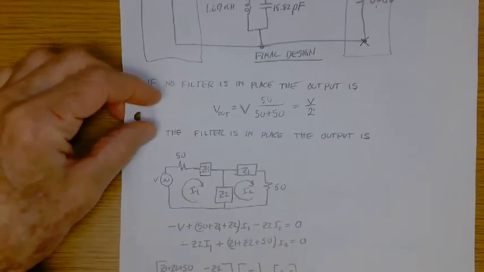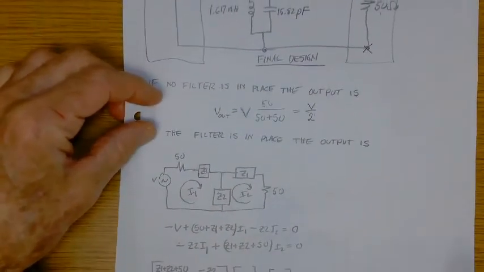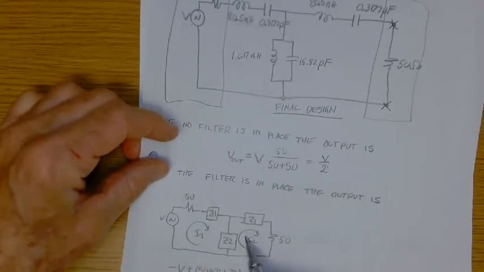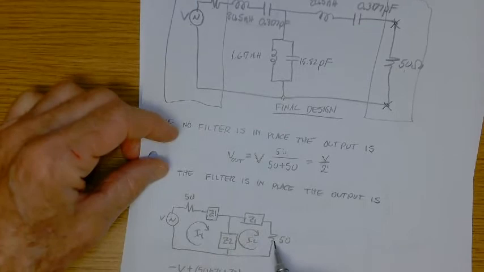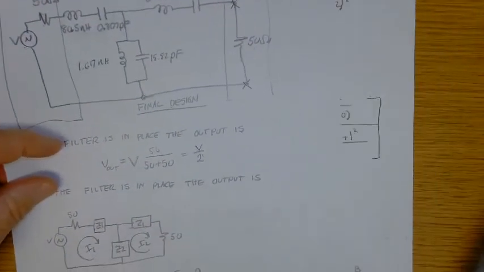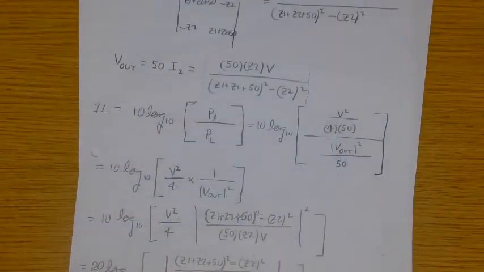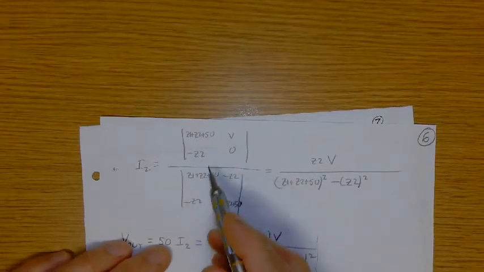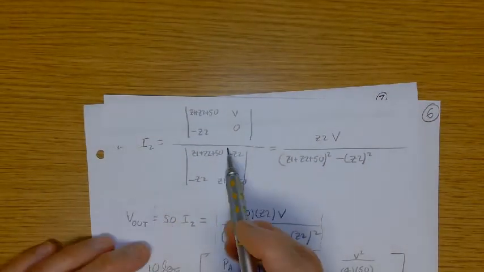So I2 is a ratio of determinants, and so I do the arithmetic. This one times this one minus this one times this one gives you Z2 times V. And then this one times this one minus this one times that one, that's your denominator. So V out is 50 times I2, so then you get a 50 here.